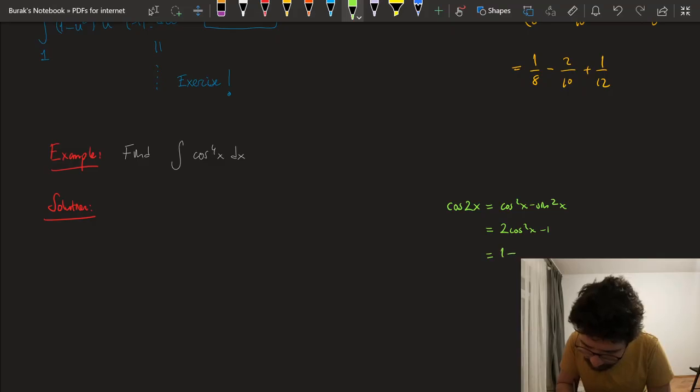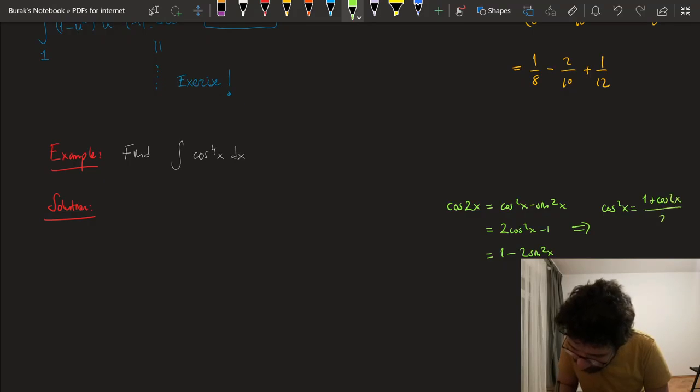This is also the same thing as 1 minus 2 sine squared x. So this tells you that cosine squared x is equal to (1 plus cosine 2x) divided by 2, and sine squared x is equal to (1 minus cosine 2x) divided by 2. Okay?